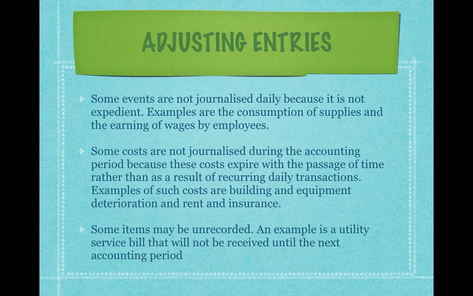Examples of such costs are building and equipment deterioration and rent and insurance. The third one, some items may be unrecorded. An example is a utility service bill that will not be received until the next accounting period.